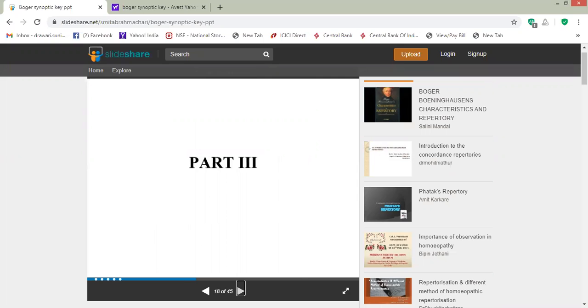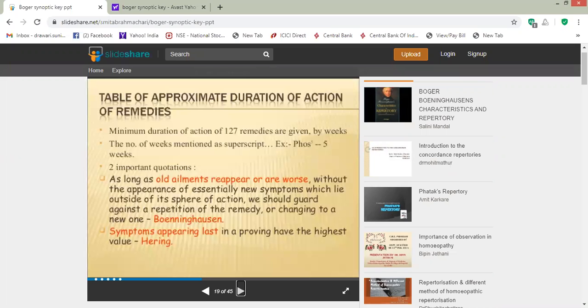Then the third part of this repertory is the table of approximate duration of action of remedies. What is the duration of action of each remedy? It is given in tabular form. The minimum duration of action of 127 remedies is given in weeks.